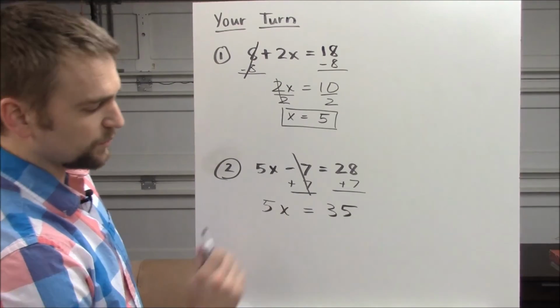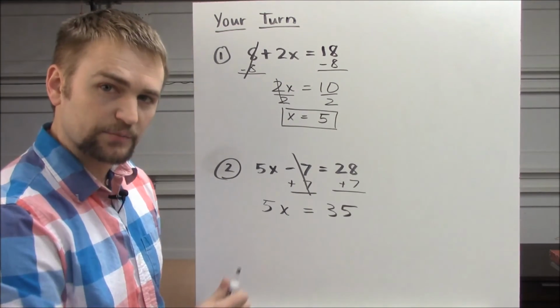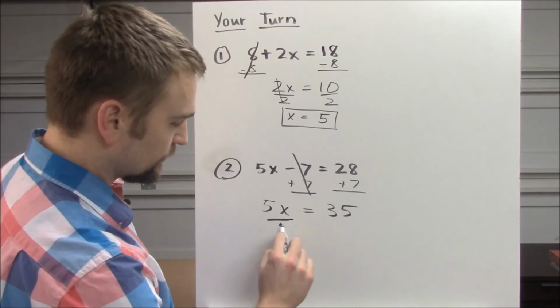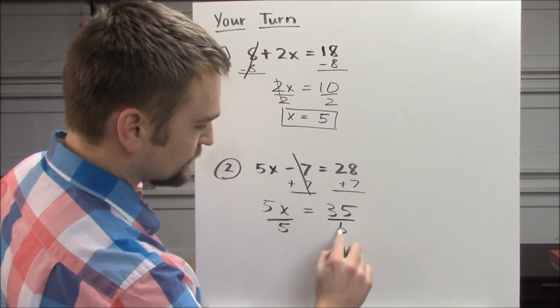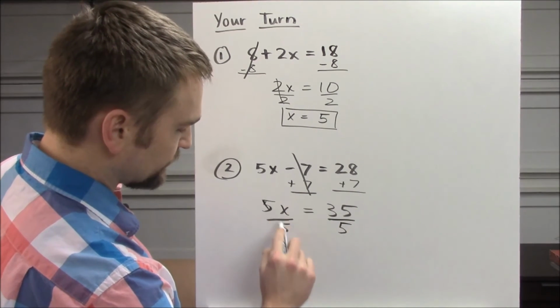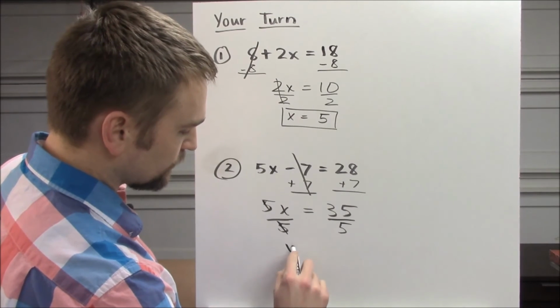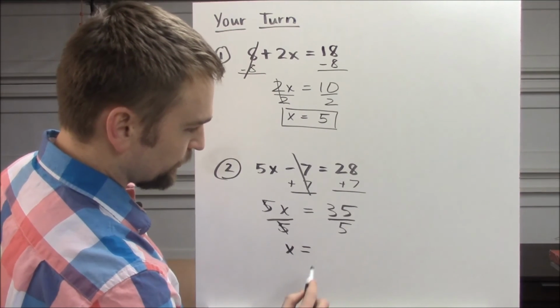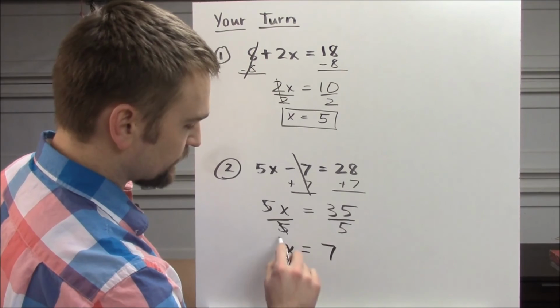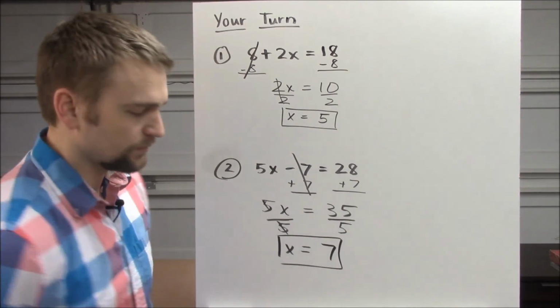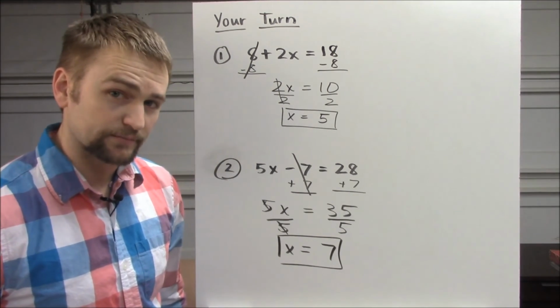Now I'm going to get the x by itself, so I have to undo the 5 times x. I'm going to divide by 5 on both sides. And I'm left with 5 divided by 5 is 1, or x, equals 35 divided by 5, which is 7, and x is equal to 7.